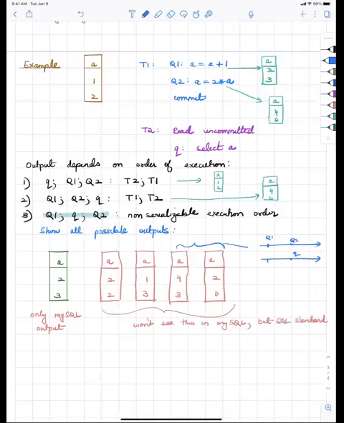I just wanted to say that when you do uncommitted read, you can get all kinds of output. In MySQL, this is the only one you would really get. So did everyone understand this? I have to say that the ACID properties and isolation levels are really tricky.